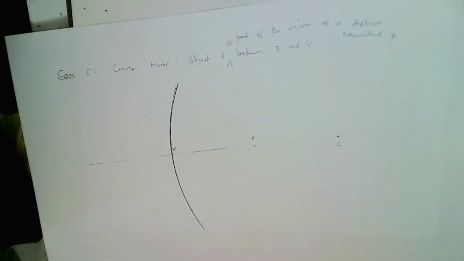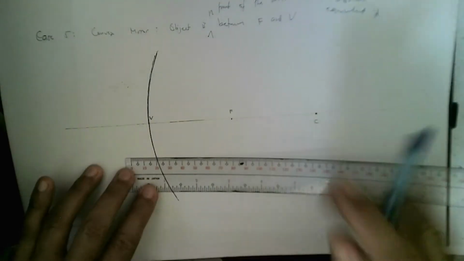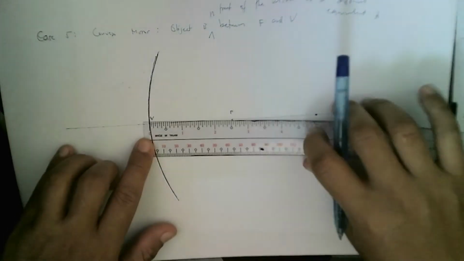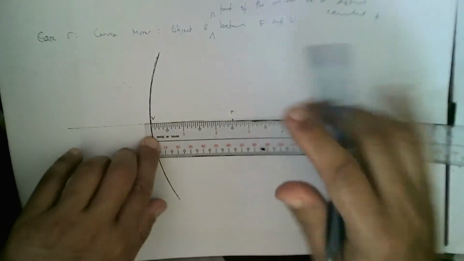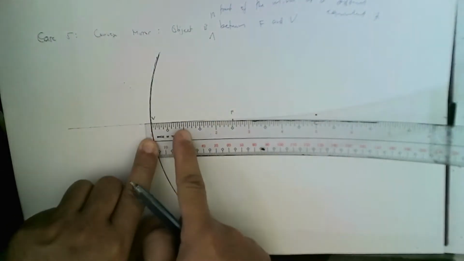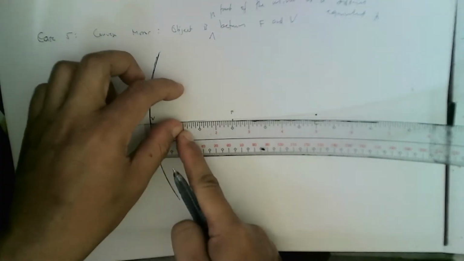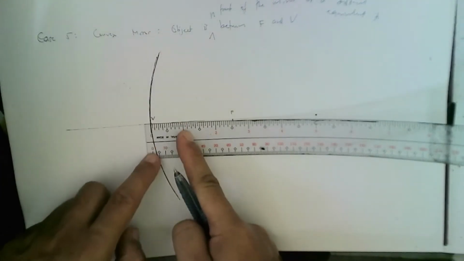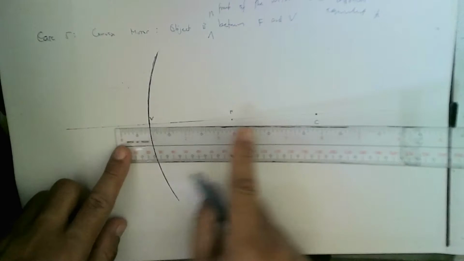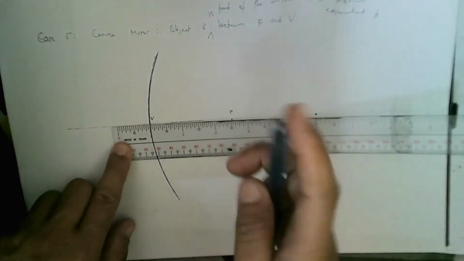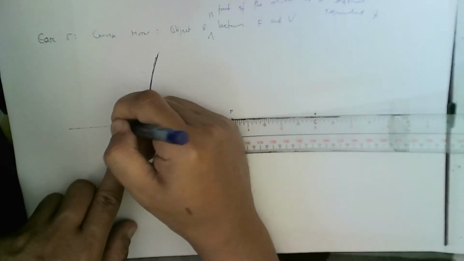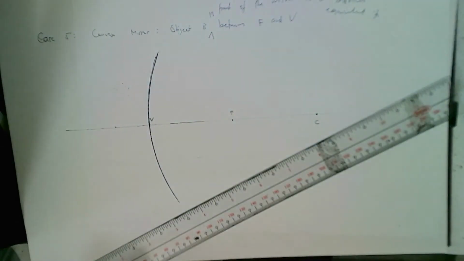Okay? So for simplicity's sake, let's choose 1 centimeter away from the vertex. So remember, 1 centimeter away from the vertex, that's between V and F. But again, we cannot place it here. Otherwise, it will be a concave case. So we place it on the other side. So the object must be somewhere here. Okay?